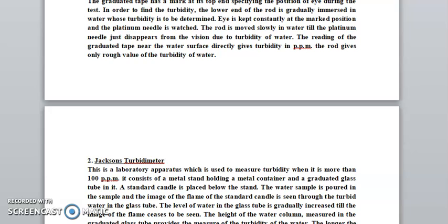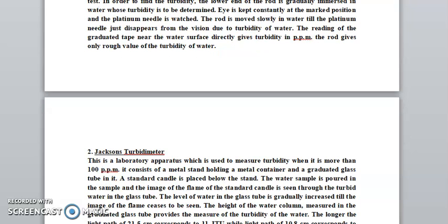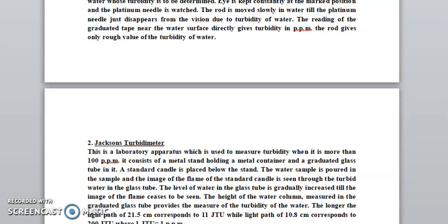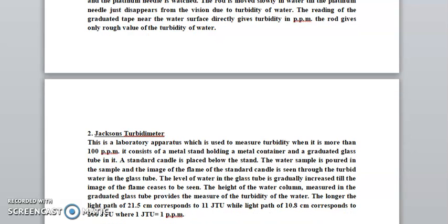The level of water in the glass tube is gradually increased. The height of the water column measured in the graduated glass tube gives the turbidity of the water. A light path of 21.5 centimeters corresponds to 100 JTU, while 10.8 centimeters corresponds to 200 JTU, where 1 JTU is equal to 1 ppm.